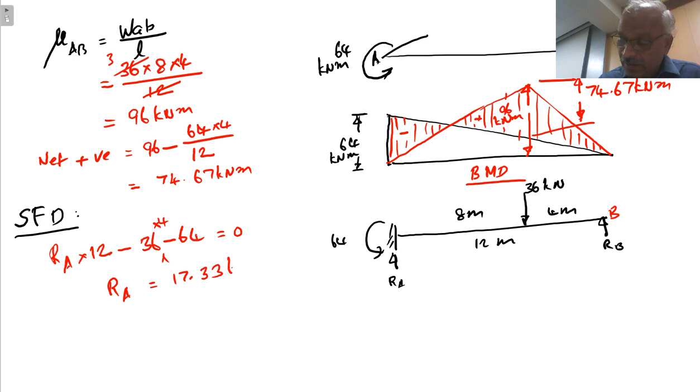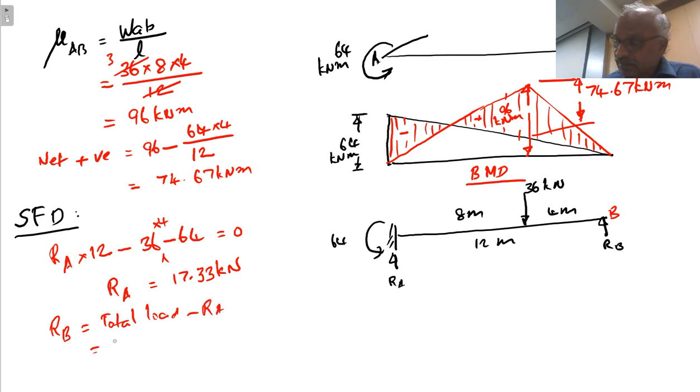RA will be equal to 17.33 kilonewton. RB equals total load minus RA.